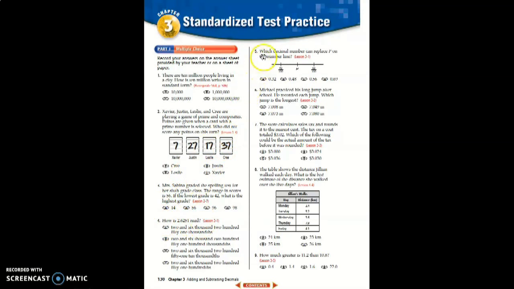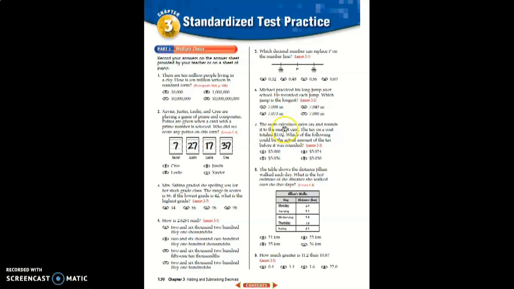5. Which decimal number can replace P on the number line? 6. Michael practiced his long jump after school. He records each jump. Which jump is the longest? 7.